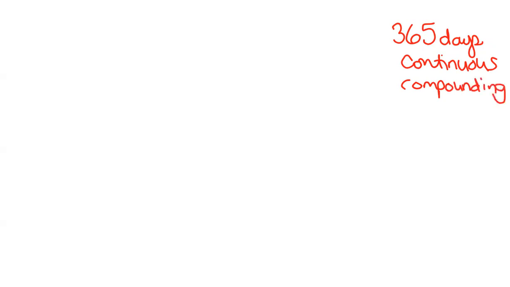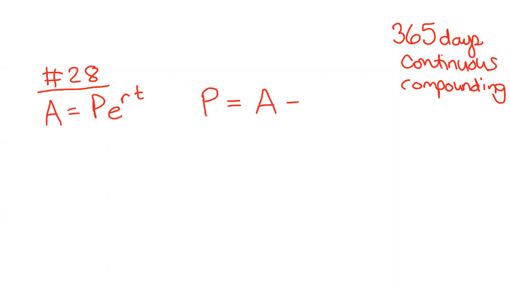So number 18 in your homework is number 28 in the book. Find the present value using the present value formula and a calculator and 365 days in the year for compounding continuously. So we know A equals Pe^(rt) for compounding continuously. They want us to find P. So P is A divided by e^(rt), right? Because we're solving for P in the known equation.